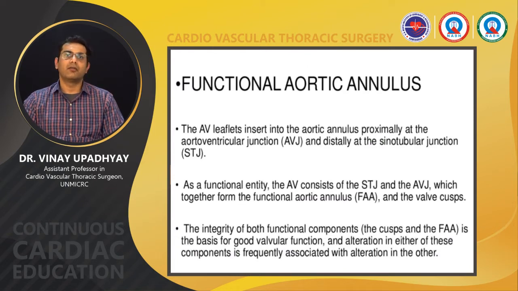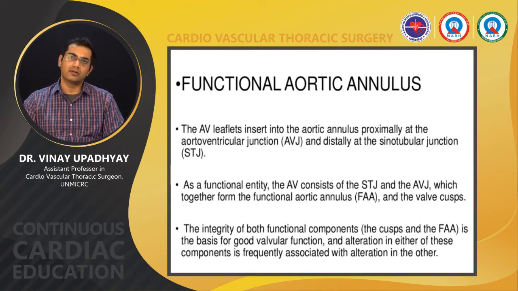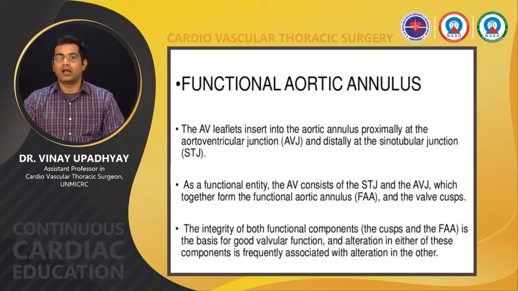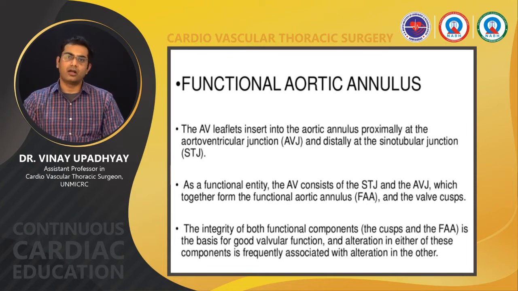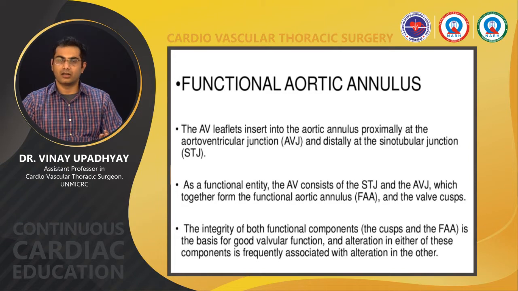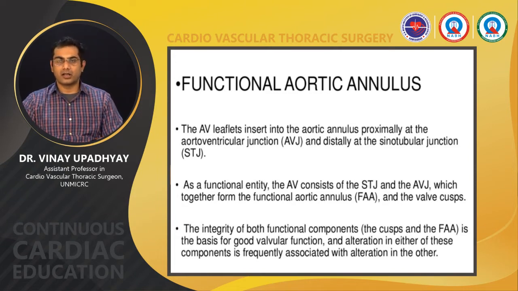The aortic valve leaflets are inserted at the annulus, which is the aortic annulus, crown shaped, proximally at the aortoventricular junction and distally at the sinotubular junction. Where the leaflets are inserted, it is called the functional aortic annulus, which is the junction of the sinotubular junction at one end and the aortoventricular junction at the other end.